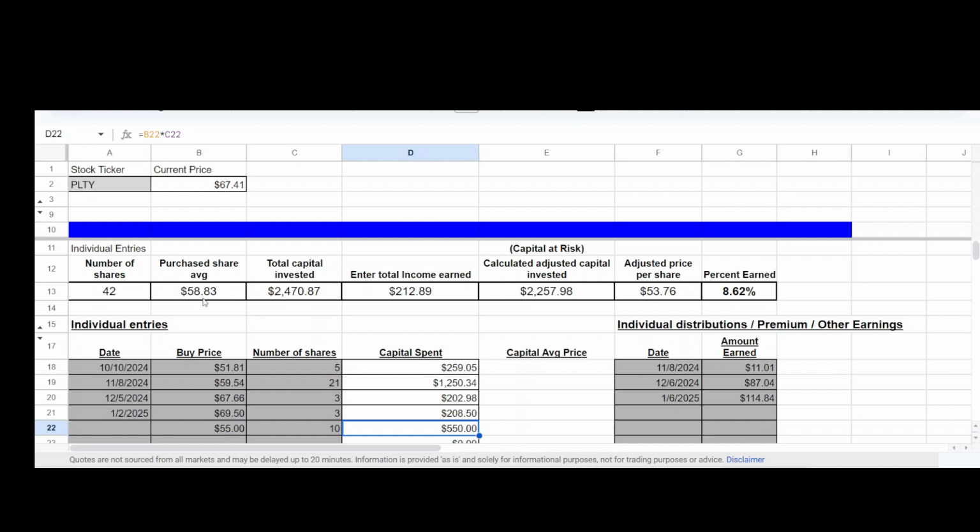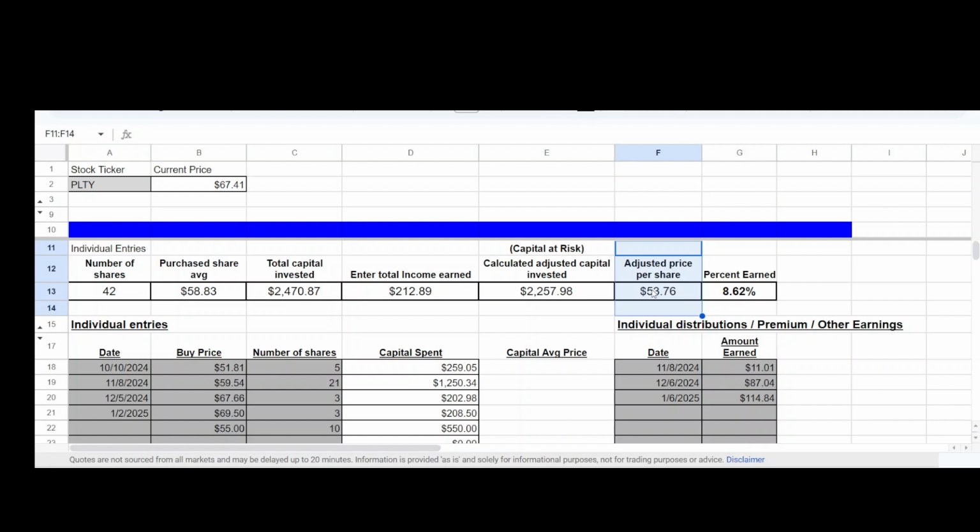$53.76. So it went up on the adjusted, but over on the purchased share average over here, which is my calculated capital, of $60 it was, now it's 58. But my adjusted price average here did go up because it was above that. And that's the reason I say that whatever that adjusted price per share is, that is really what I'm looking to purchase it at.